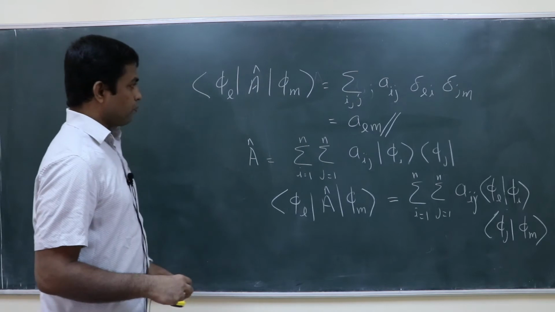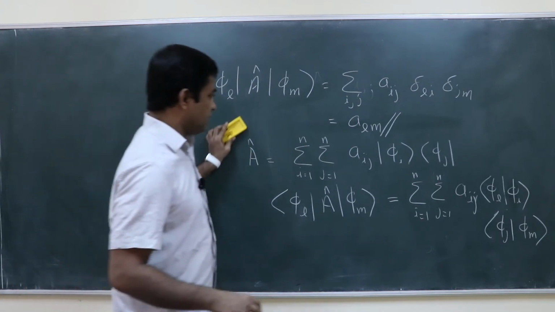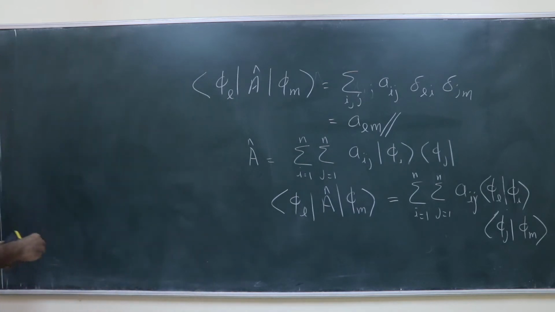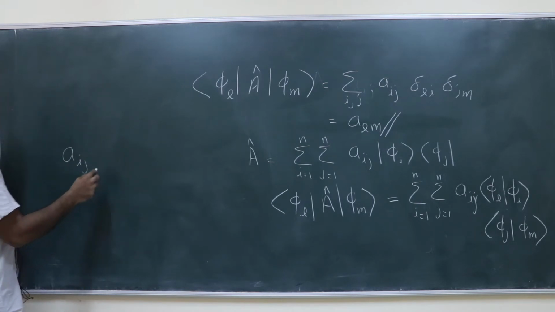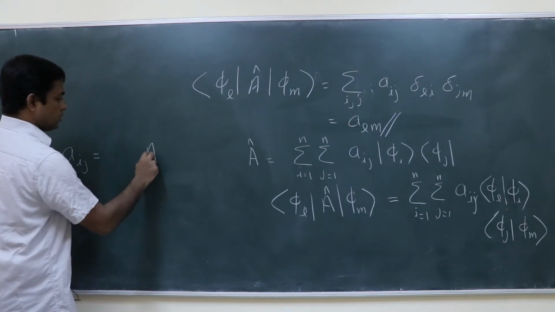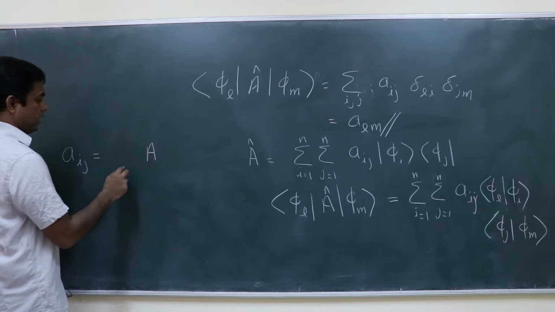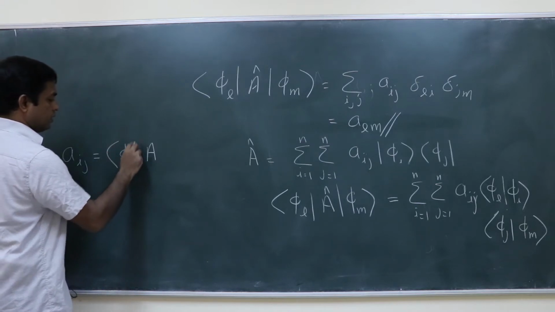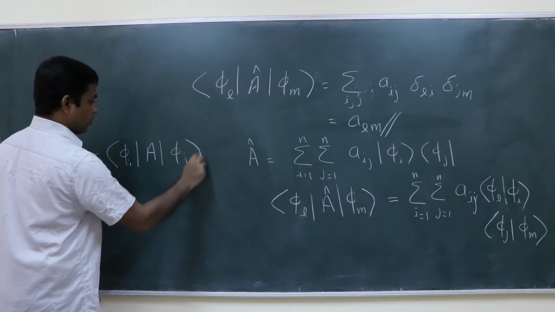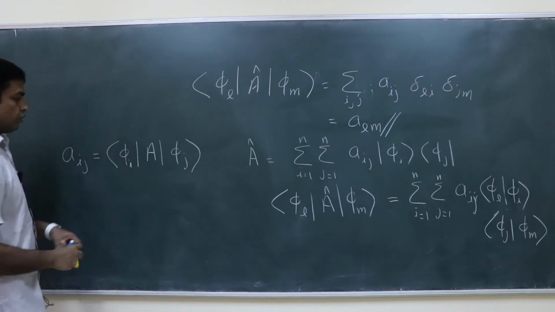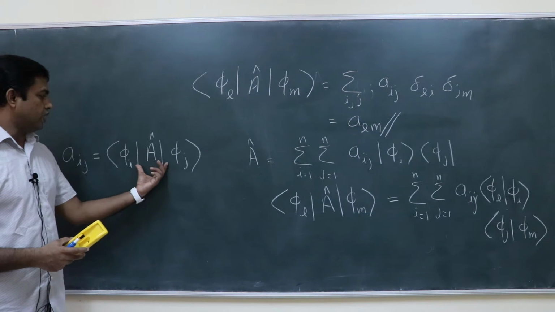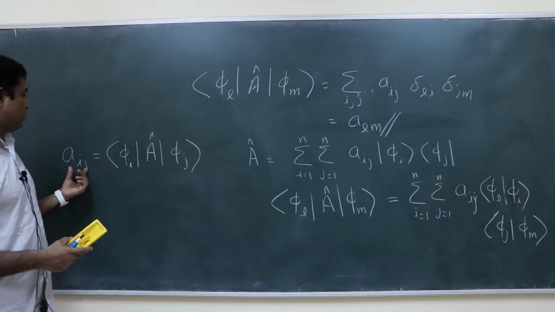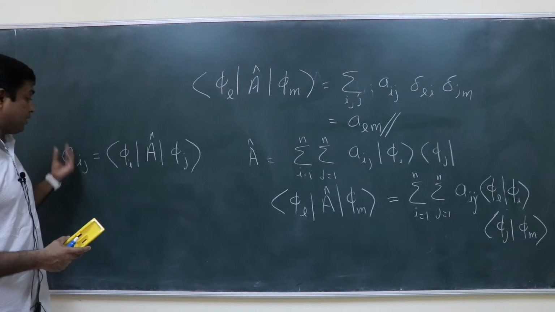So now what we are basically saying is that the ijth element of a matrix you can write by taking the operator and doing bra phi i, operator, ket phi j. So from an operator, if you do this, you get the corresponding matrix elements.